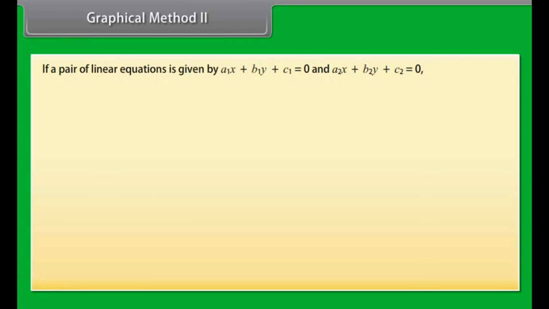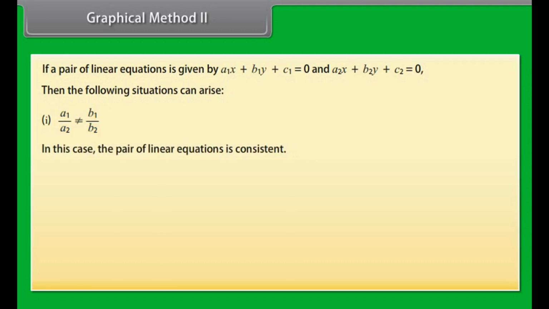Graphical method 2. If a pair of linear equations is given by a1x + b1y + c1 = 0 and a2x + b2y + c2 = 0, then the following situations can arise. 1. a1/a2 is not equal to b1/b2.